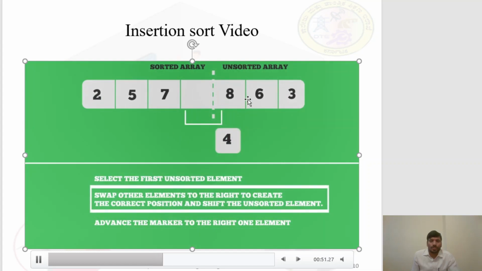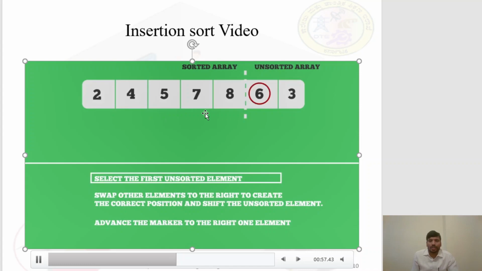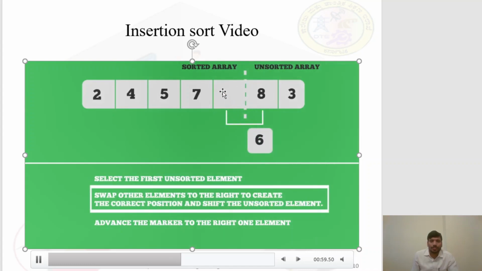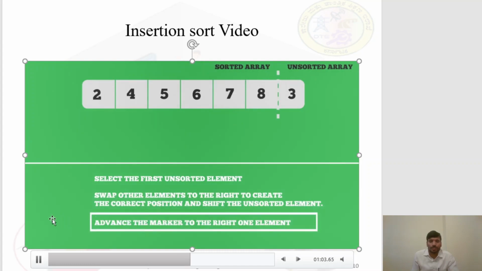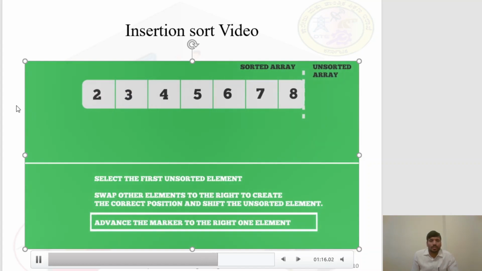Similarly 4 is also compared with these numbers and inserted at its correct position. Hence the left side is the sorted part and the right side is the unsorted part. The procedure repeats until the unsorted array becomes empty. Understood, students?